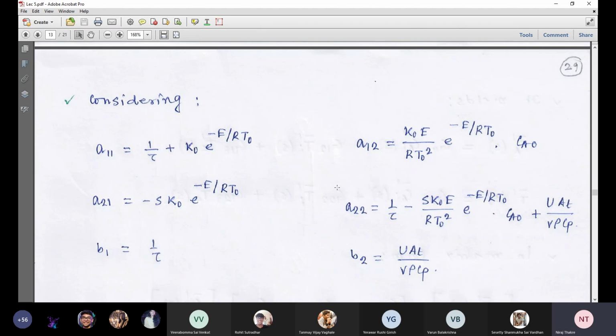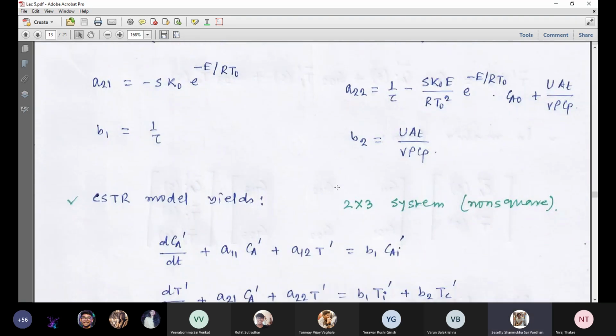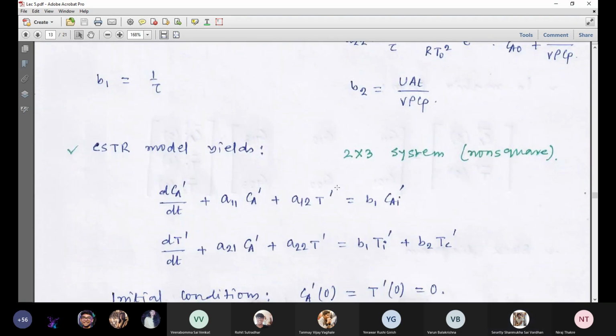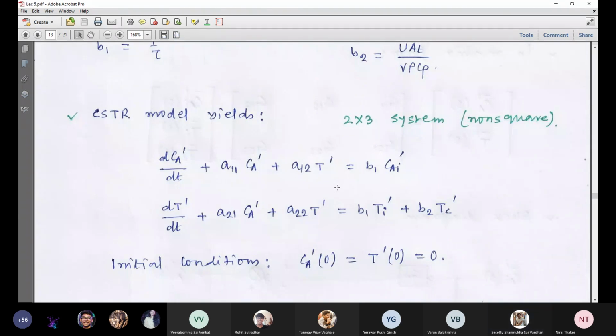Anyone got the matrix form? C inverse A of S, and a column matrix of... I think if you write in this form, you can get it easily.